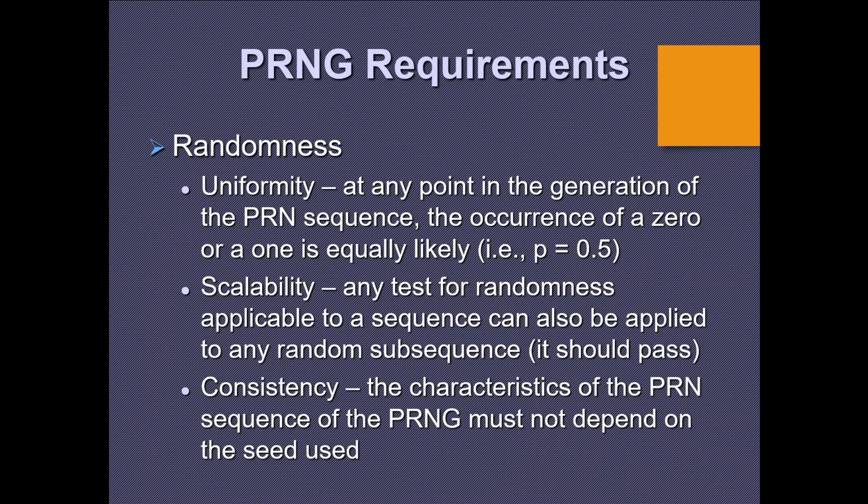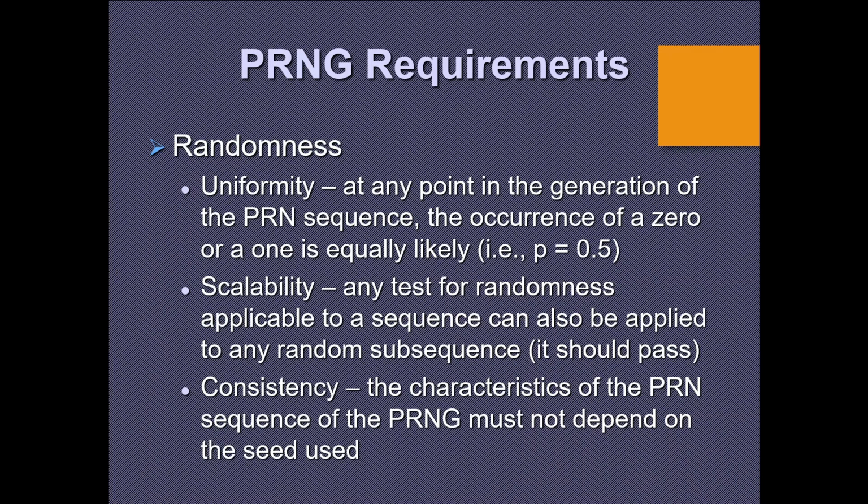Here you can see randomness is again explained in terms of uniformity, scalability, and consistency. Uniformity states that at any point in the generation of the pseudo-random number sequence, the occurrence of a 0 or 1 is equally likely, where the probability is 0.5.